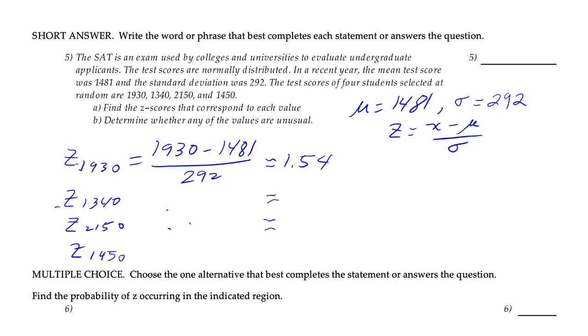I'm going to give you the calculated values here. This one you get negative 0.48. Here you're going to get 2.29. And here you're going to get negative 0.11. So those are the z-scores for each of those values. And we want to know, are any of the values unusual? Well, unusual would be more than 2 standard deviations away from the mean. So this one here would be unusual.